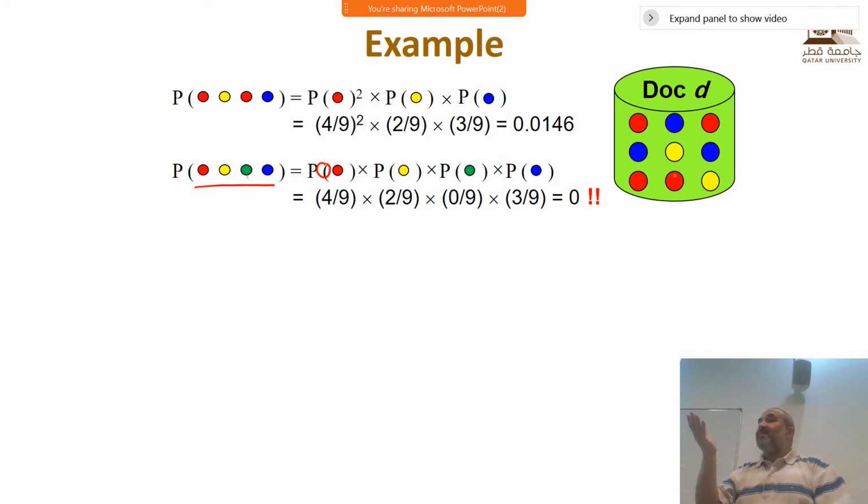Generally, it means that not every word that should belong to that model appeared in the document itself. There might be a word that didn't appear in the document, but still it belongs to the language model. That means that generally every word in the vocabulary should have a non-zero probability, although sometimes it might be very small, because there is some probability that the author of the document would have chosen that word.